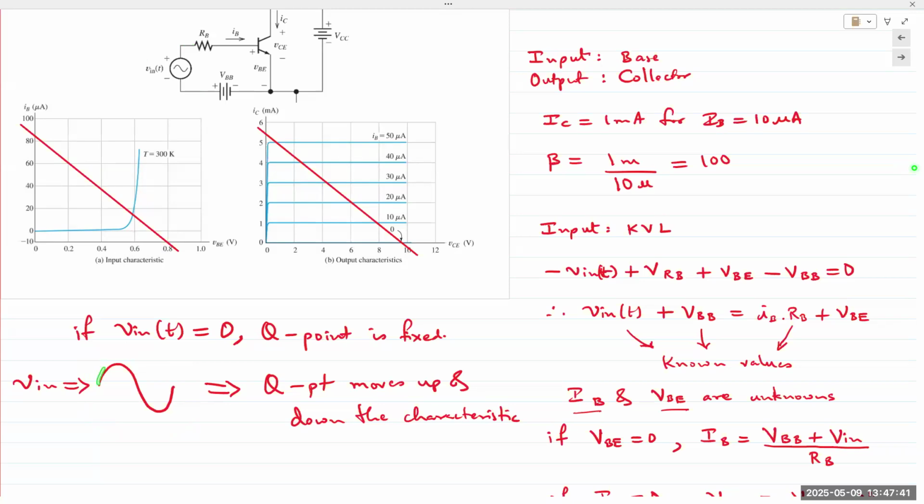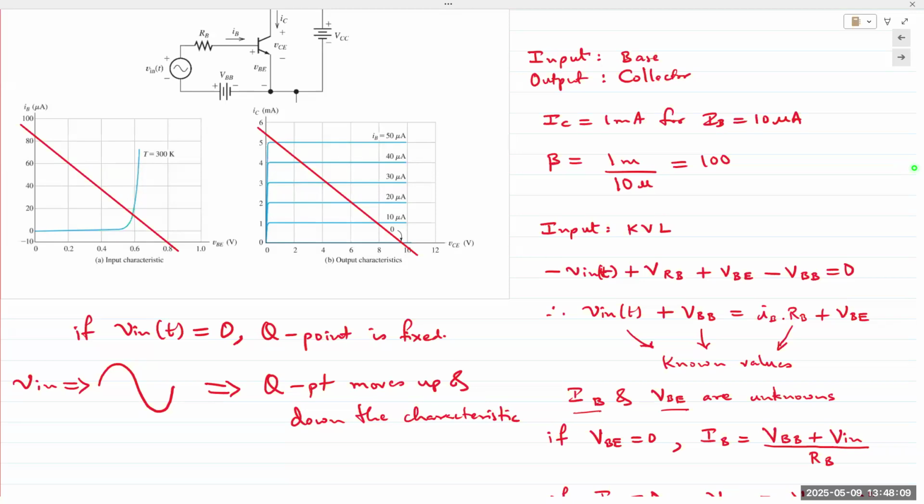As V in increases, our load line is going to move up. As it goes down, the load line is going to move down. For every value of V in, depending on how many points you want to take, we can have a different load line that either moves up or moves down.